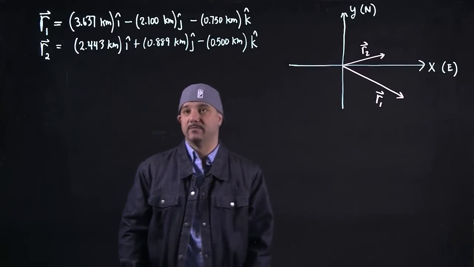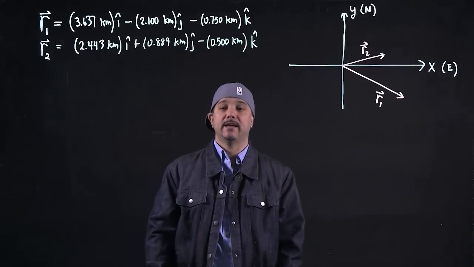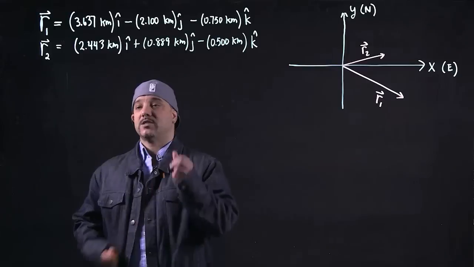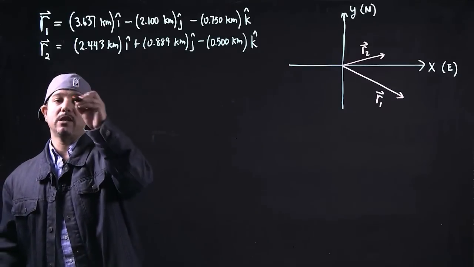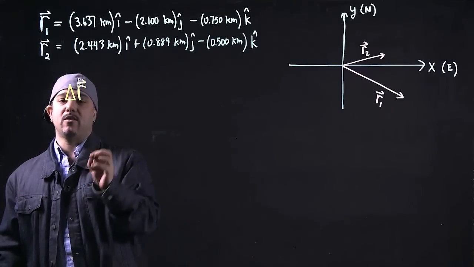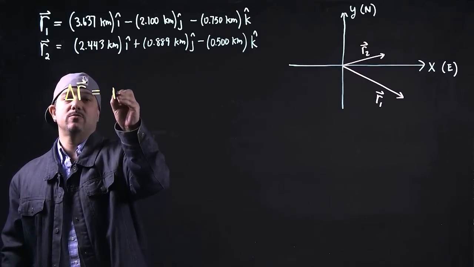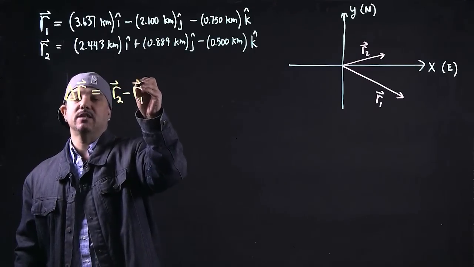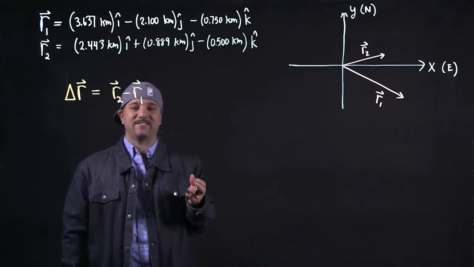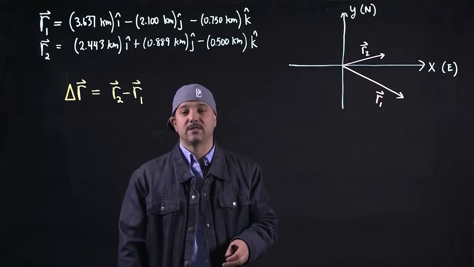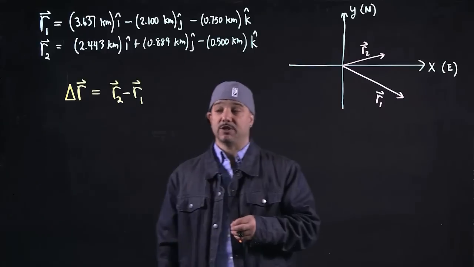So now we can calculate the change in position, or the displacement. I'll write that vectorially: the change in the position of the whale is equal to the position at time 2 minus the position at time 1. Again, that's the definition of a displacement vector. Displacement is a difference or a change in position.